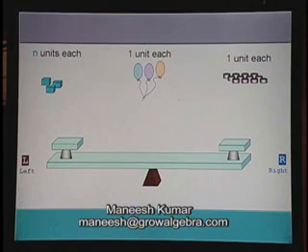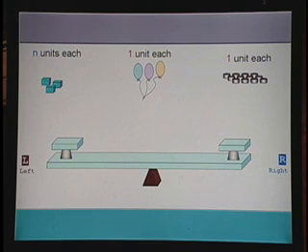Alright, let's see here. We are trying to get a little more innovative here and explain this whole balance concept. What we did in our previous example, we added weights on both sides of the balance and then tried to solve it.